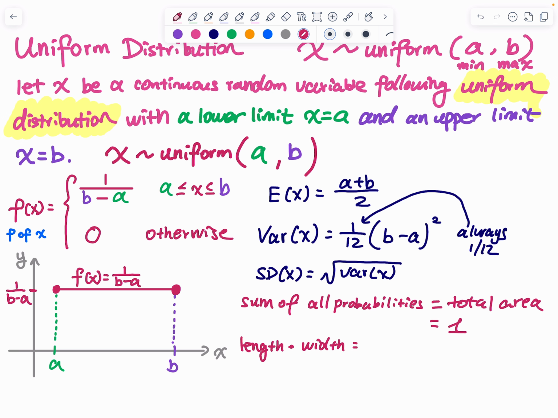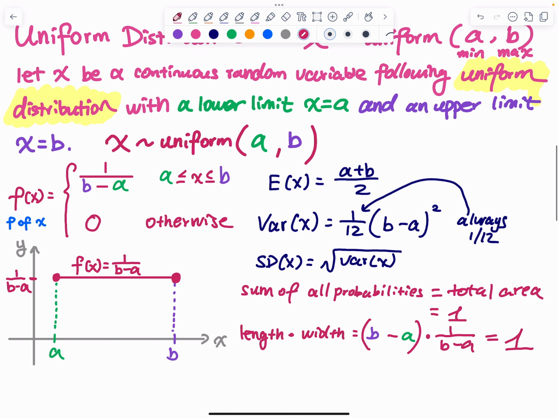How long is the base? Let's say this is a 10, this is a 2, the base is big number minus small number. Not 2 minus 10, right? 2 minus 10 will be negative. Big minus small. And then the base is B minus A. Let's follow the color. B minus A, that is the base, and then the height is the function, 1 over B minus A. What is that equal to? That is equal to 1.